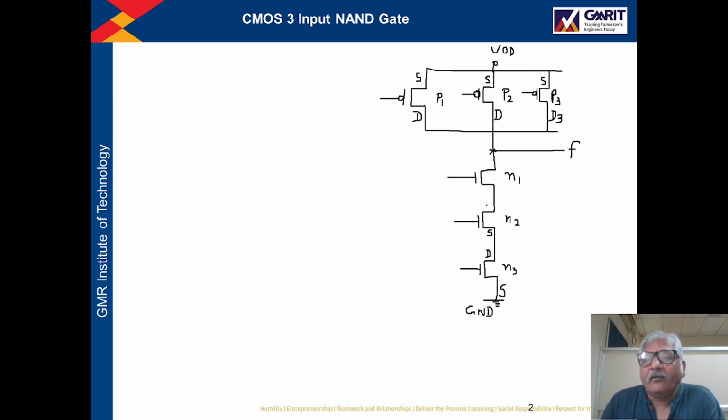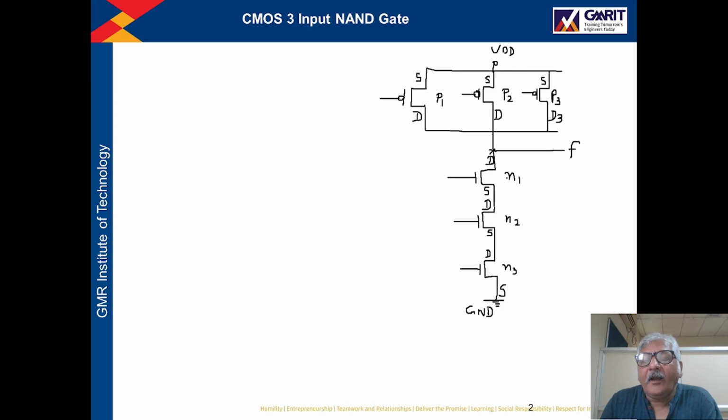Right, now the drain terminal of NMOS number 2 and the source terminal of NMOS number 1 are also joined together, and here we have the drain, right? So the drain of NMOS N1 is connected to the drain terminals of PMOS P1, P2, P3, and from there we will take the output F.